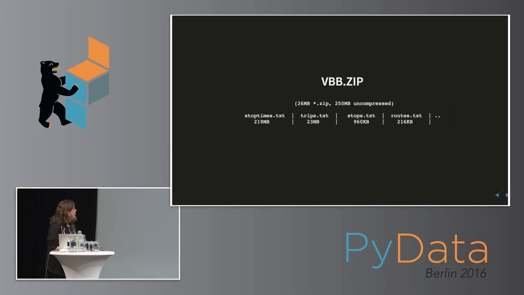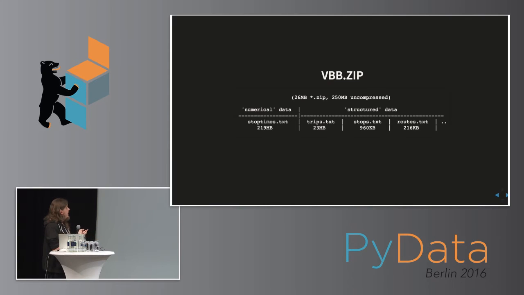One file is called stop times, which for every trip in the schedule says, for every stop that the trip passes by, what time it passes by at that particular stop. So that's basically all of the numbers that are in the schedule. Then there's a list of all the trips, a list of all the stops, a list of all of the routes, and it has all of the associated data that you need.